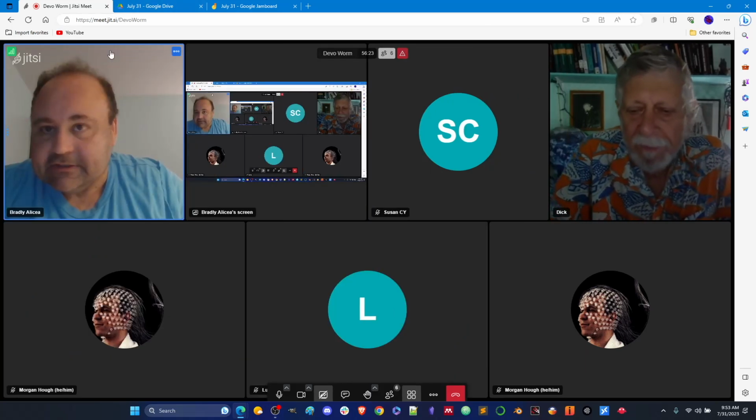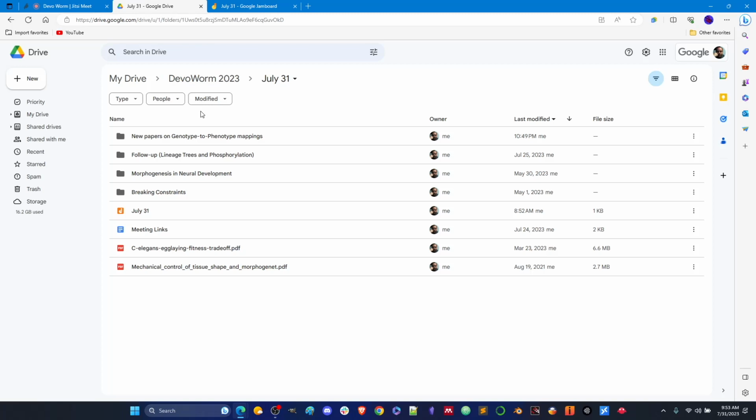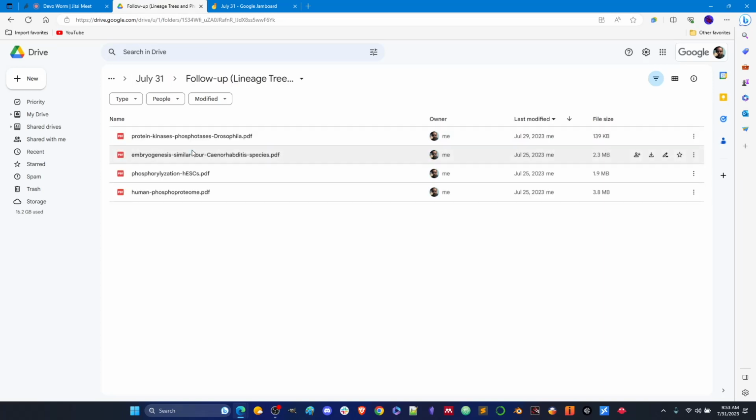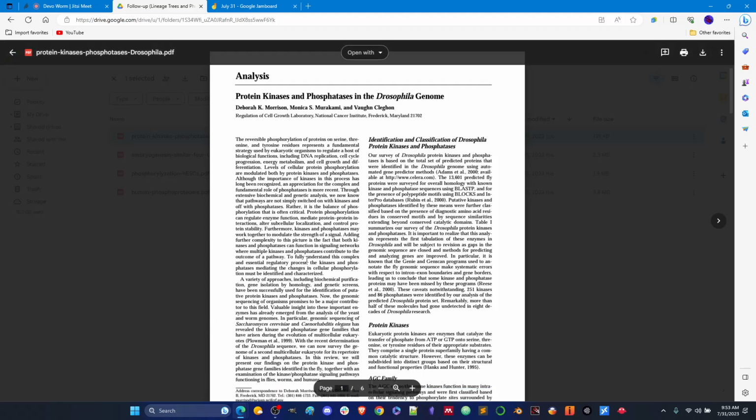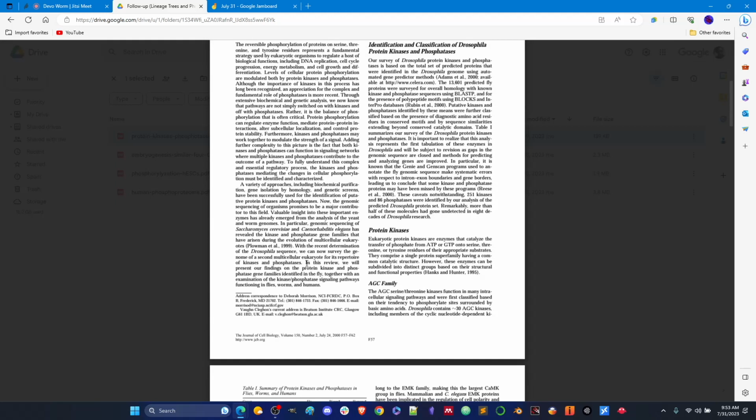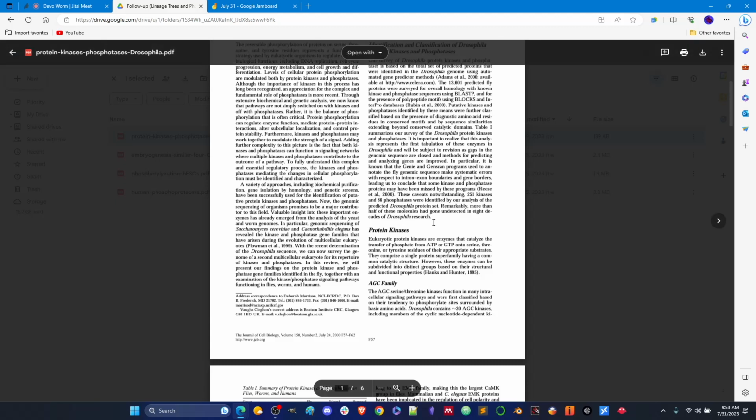There are actually some papers that I was showing Lukas on some of these things. There are a lot of papers on phosphorylation. There's this one, protein kinases and phosphatases in the Drosophila genome. This is a classification of all the different protein kinases, and there are quite a few different families in the Drosophila proteome.